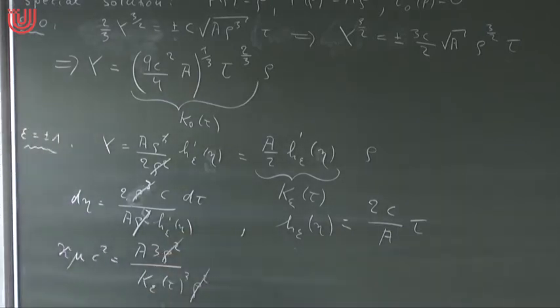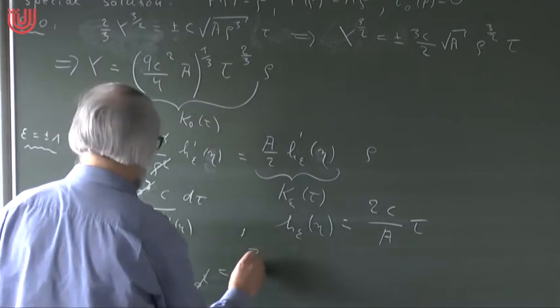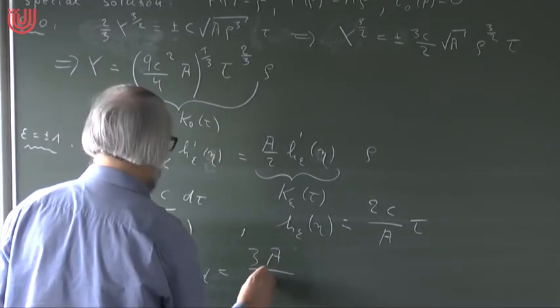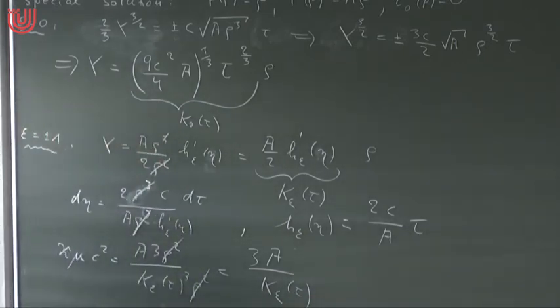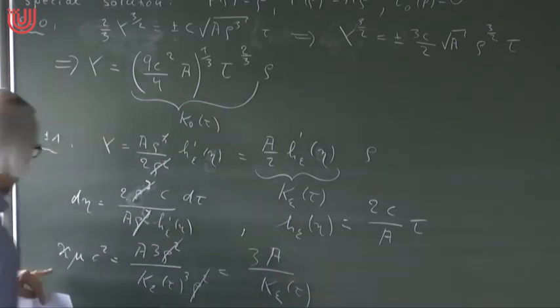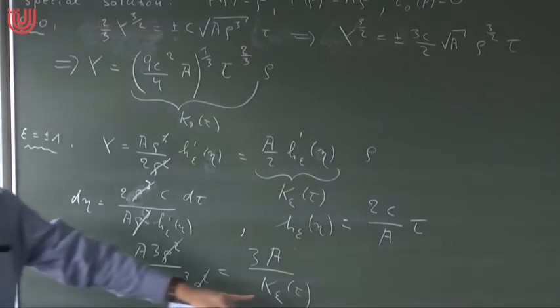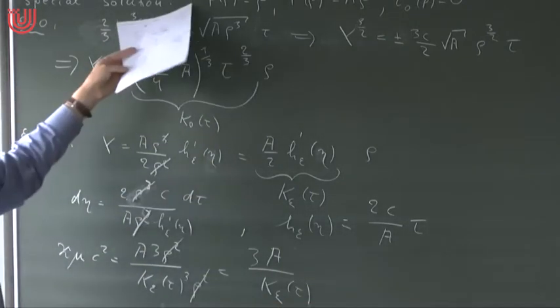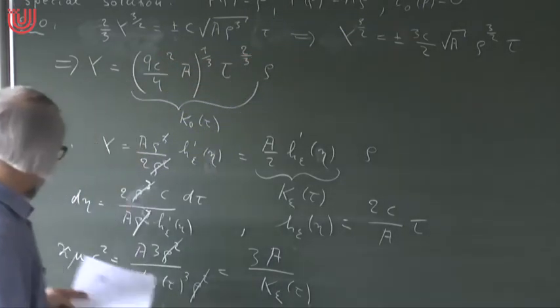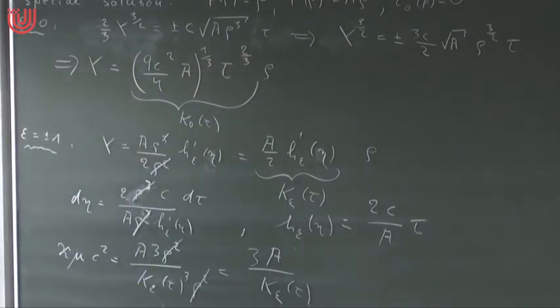And you see, that's what I promised. This is indeed only a function of tau. So it's 3a divided by k epsilon, which depends on tau only. So our density is a function of tau only. It's independent of rho. So by this choice of the 3 functions, we have indeed achieved our goal of getting a solution where mu is homogeneous over the whole body.